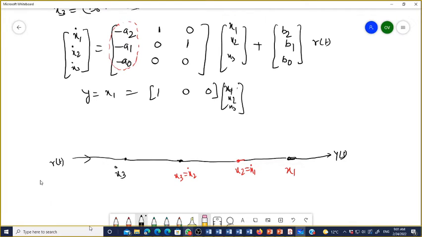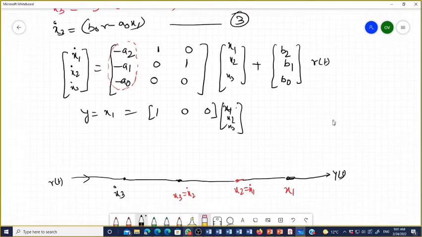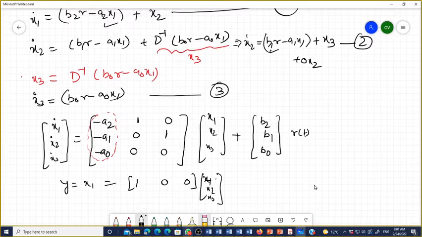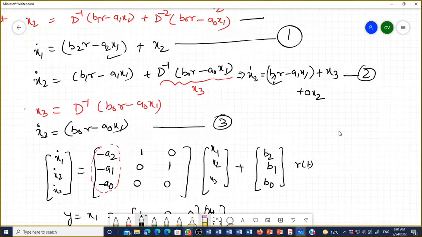Now we come to the equation. Your first equation: x1 dot is equal to x2 plus b2 r minus a2 x1. How much comes from x1? Minus a2, yes or no?